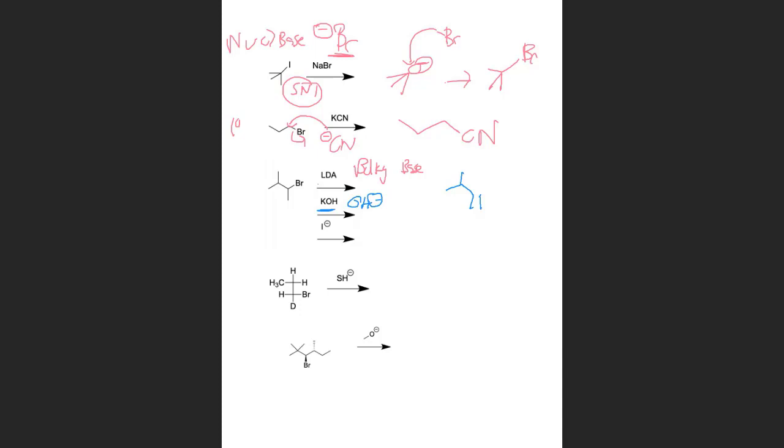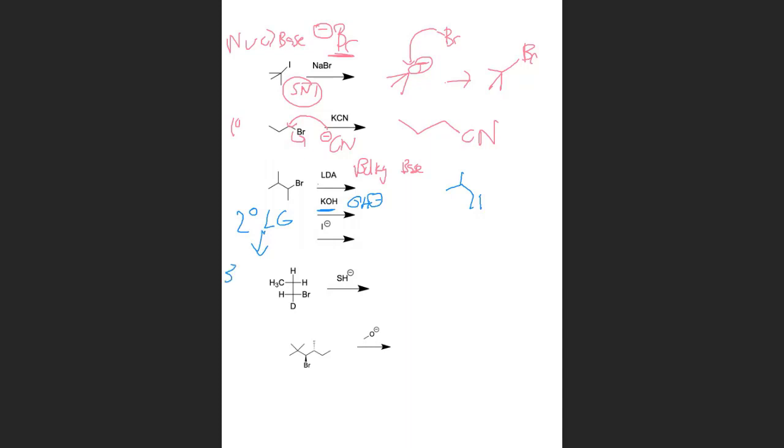So let's talk about it. Whenever we're comparing something like this, yes, we have to look at steric hindrance and its neighbors. So the first thing I would consider is where the leaving group is. This is a secondary leaving group, so it's not too unstable for SN2, and it's not too much preferred for E2. So it could go either way. So next we're going to look at its neighbors.